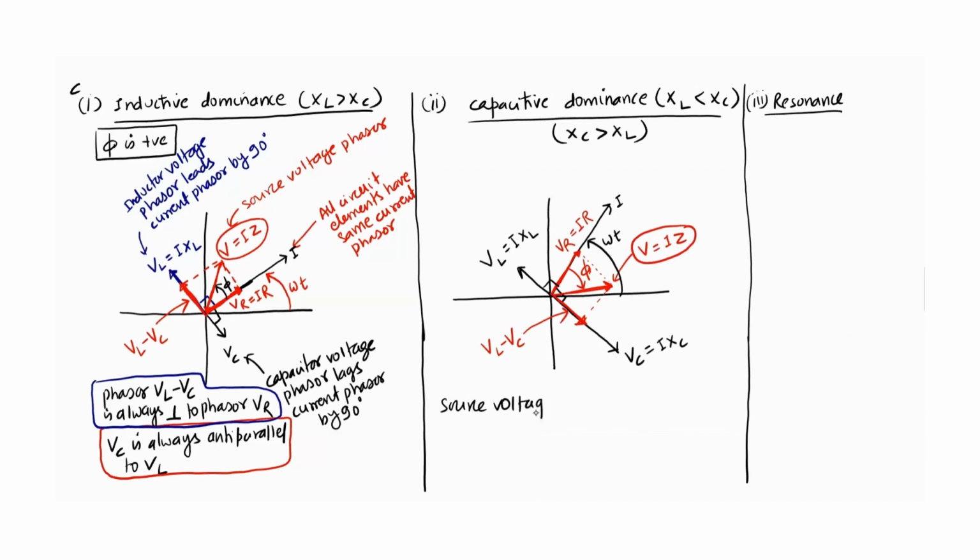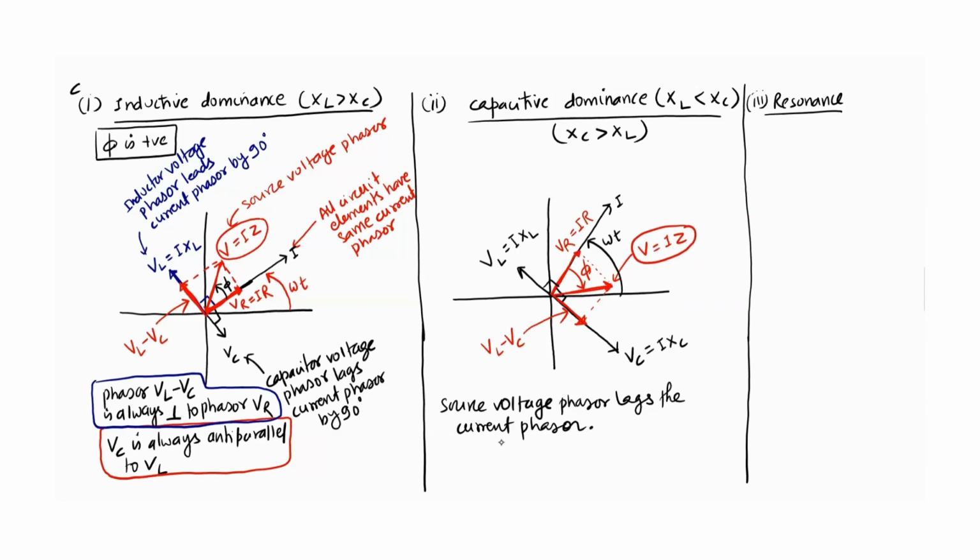Now what we find in this case is that the source voltage phasor lags the current phasor. You can see it lags the current phasor. This is the current phasor.